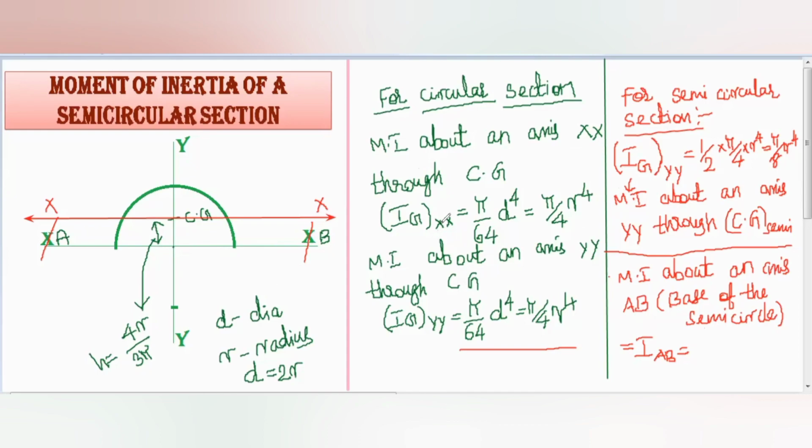The half value is only because the half portion is removed. So IAB is also half of the value of pi by 4 r power 4, so we can take this also as pi by 8 r power 4.